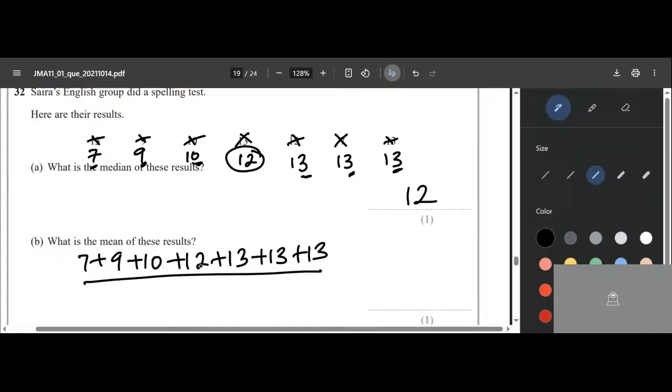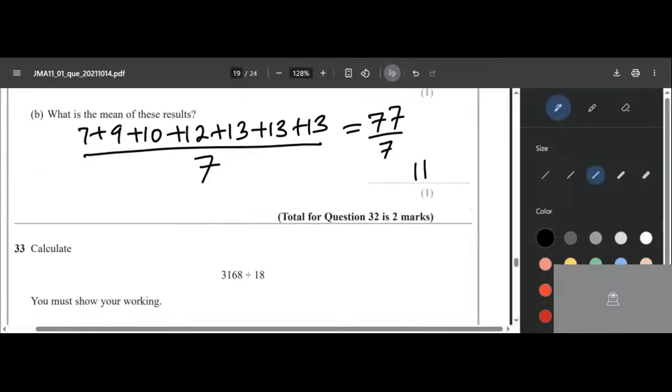All of this you divide by the number of items, 1, 2, 3, 4, 5, 6, 7 numbers. So if you can add quickly, 7 plus 9 will give me 16. 16 plus 10, it is 26. 26 plus 12, it is 38. 38 plus 13, 51. Another 13, 64. Another 13, 77. So we have 77. So I'll have my answer as 11.